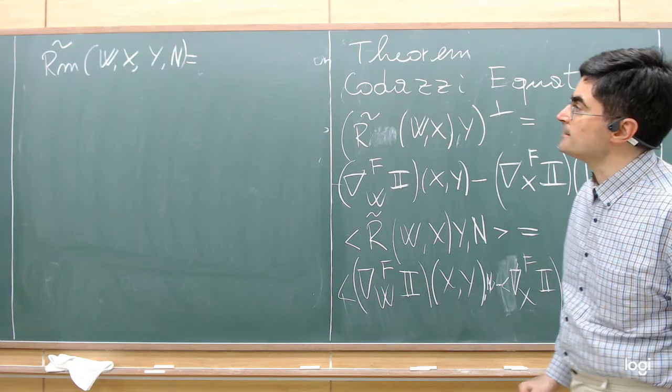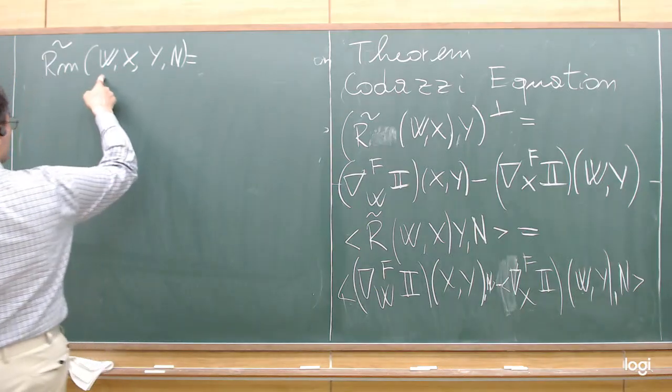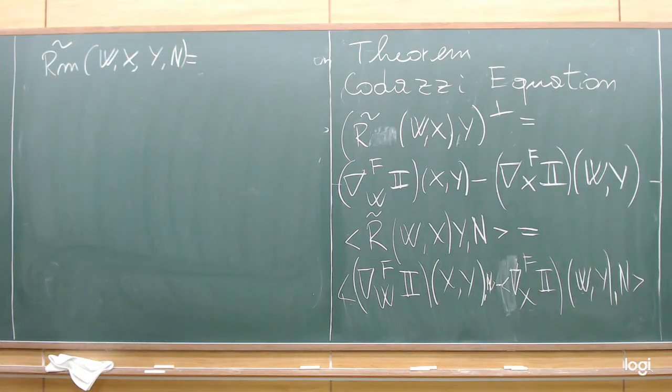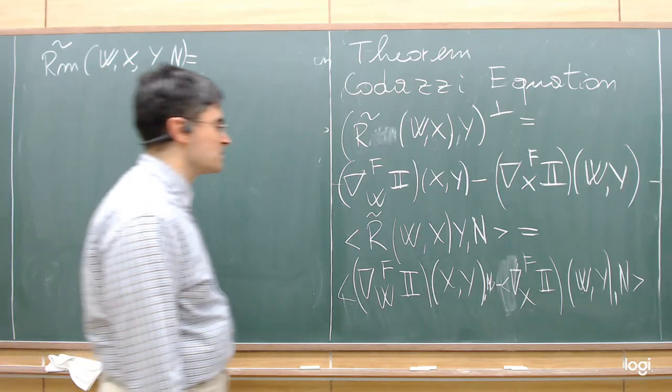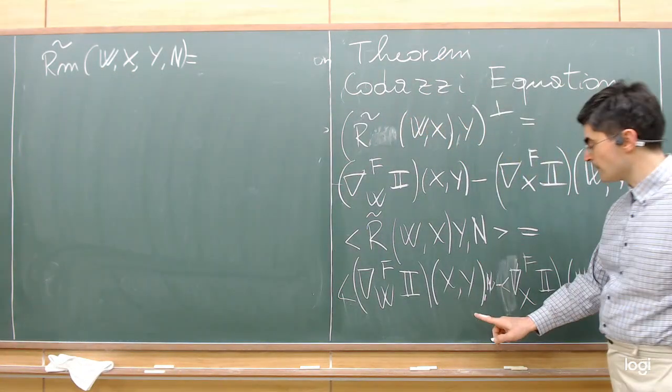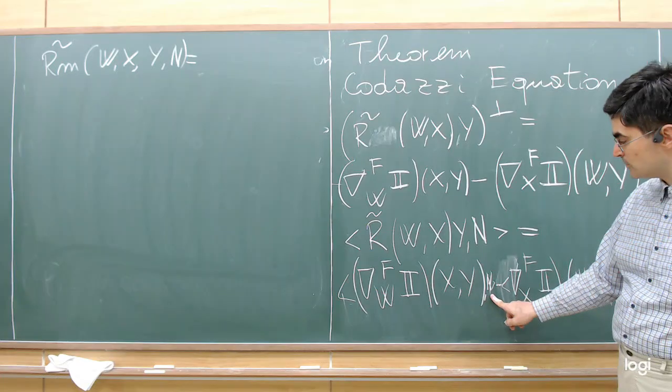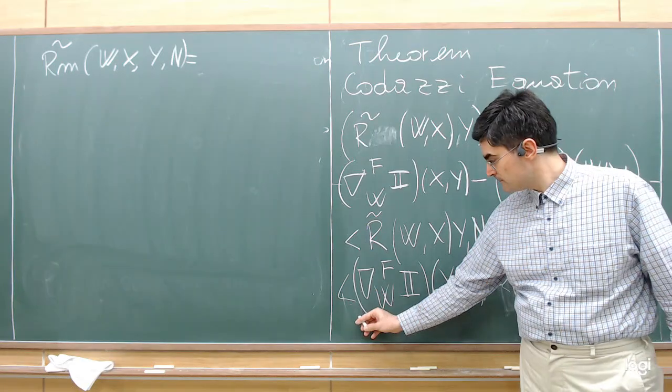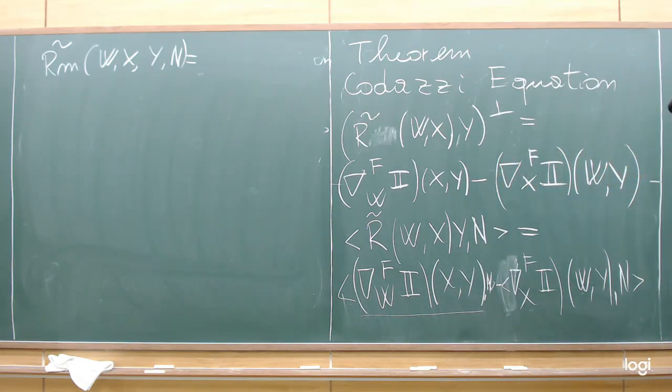So I was saying that you have to expand this and use the Gauss formula. You have to take into account only normal components, because here you have the normal components of this vector field and also this one.